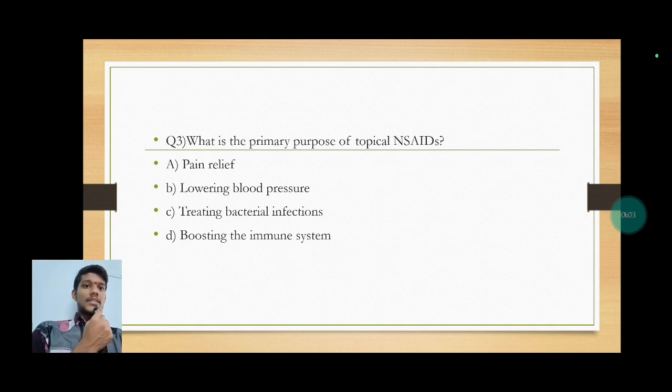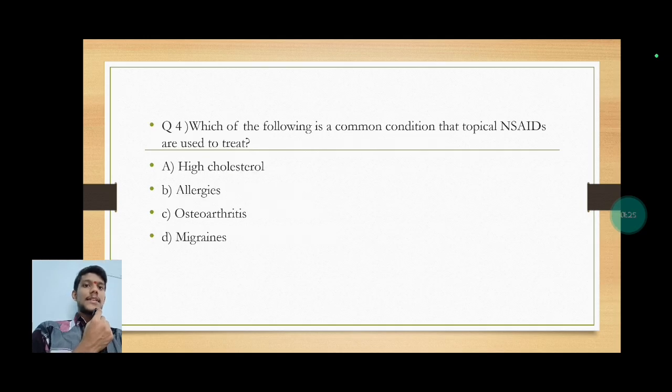The next question. What is the primary purpose of topical NSAIDs? Option A, pain relief, option B, lowering blood pressure, option C, treating bacterial infection, or option D, boosting the immune system. Yes, option A, pain relief. Next question. Which of the following is a common condition that topical NSAIDs are used to treat? A, high cholesterol, option B, allergies, option C, osteoarthritis, or option D, migraines.